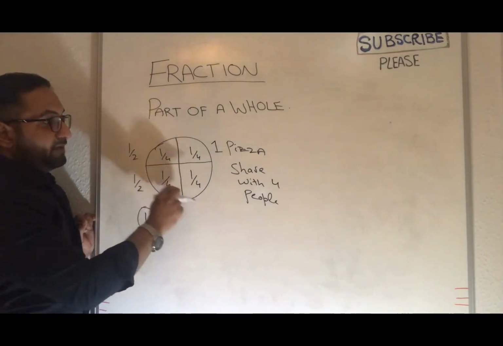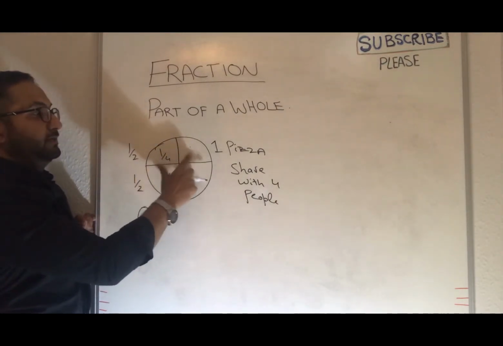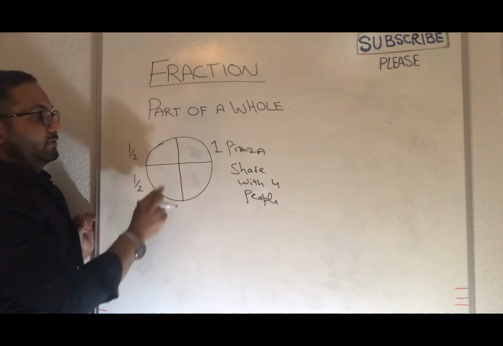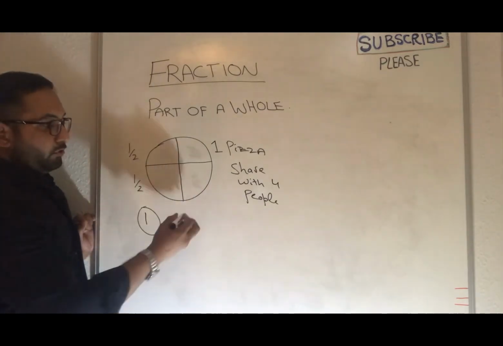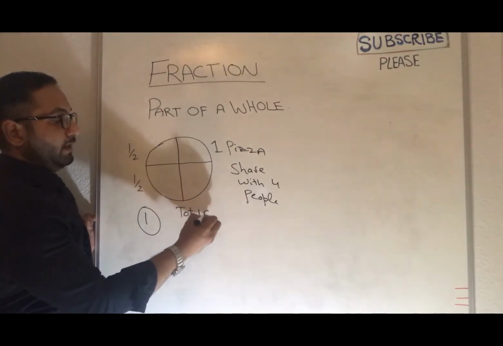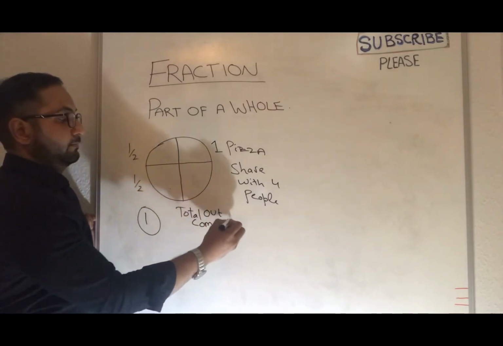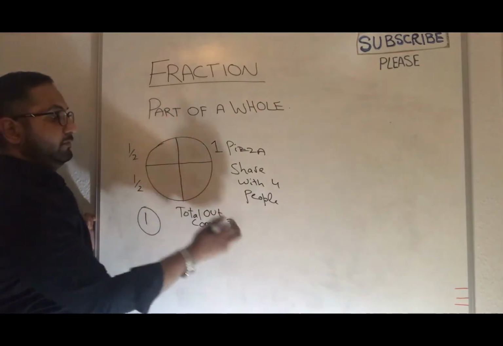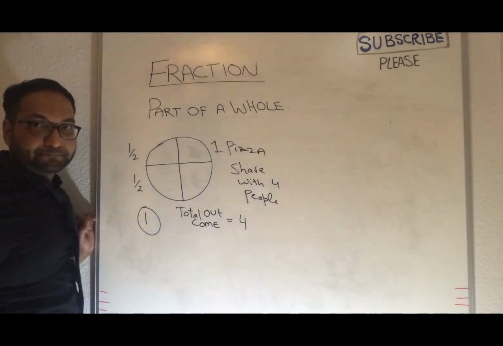So how many total pieces are there? So I raise these ones. Now you can see how many total outcomes: 1, 2, 3, 4. 4 outcomes total.